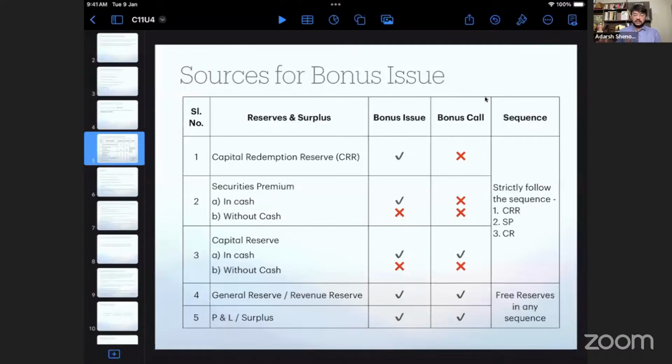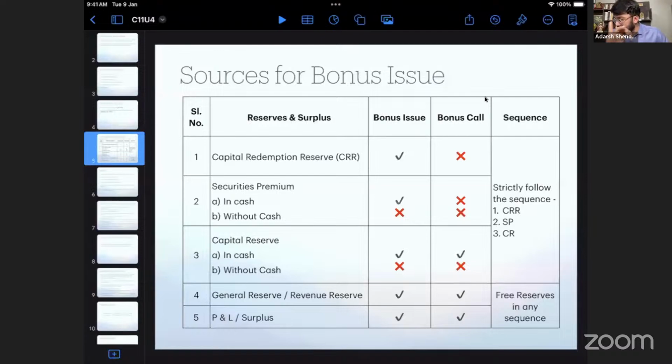In yesterday's discussion, we put the list of reserves, the different types of reserves a company can have in its balance sheet. We divided them into three types.